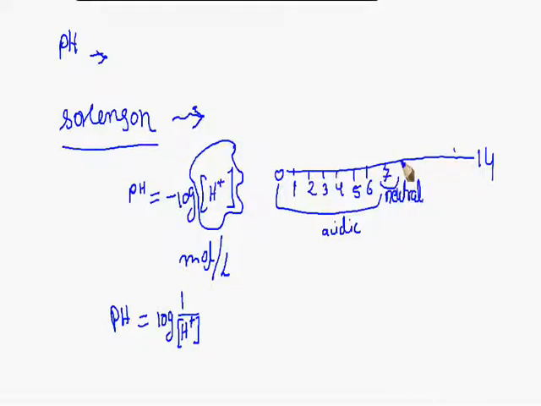When the pH value increases from 7, meaning 8, 9, 10, 11, 12, 13 and lastly 14, when the substance has a pH value of 8 to 14, it follows the criteria of basic.